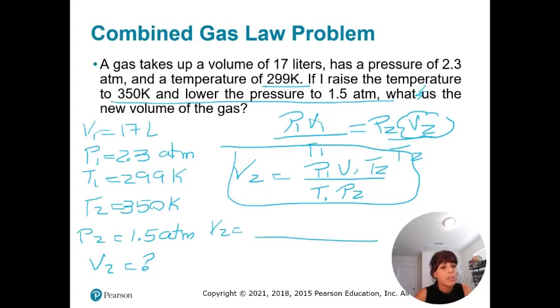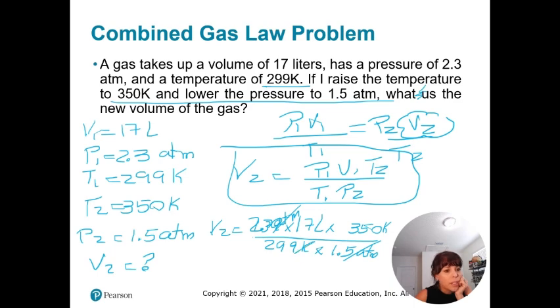I have P1 2.3 atm times V1 17 liters times T2 350 kelvins, and here I have T1 299 kelvins times the pressure 2, 1.5 atm. So we can cut atm, we can cut Kelvin, and we're going to have liters.